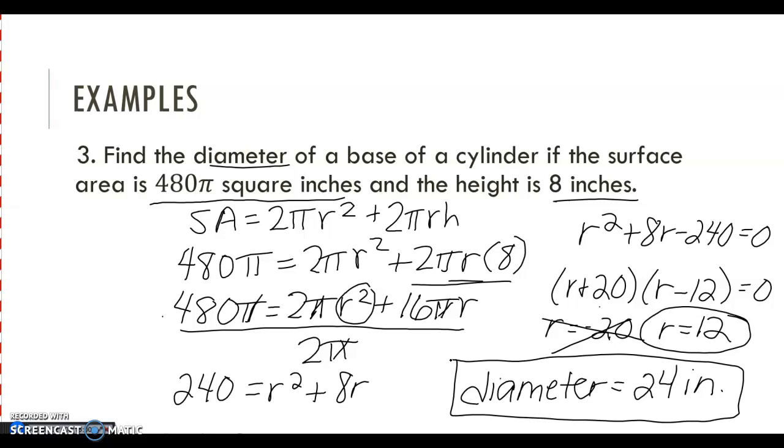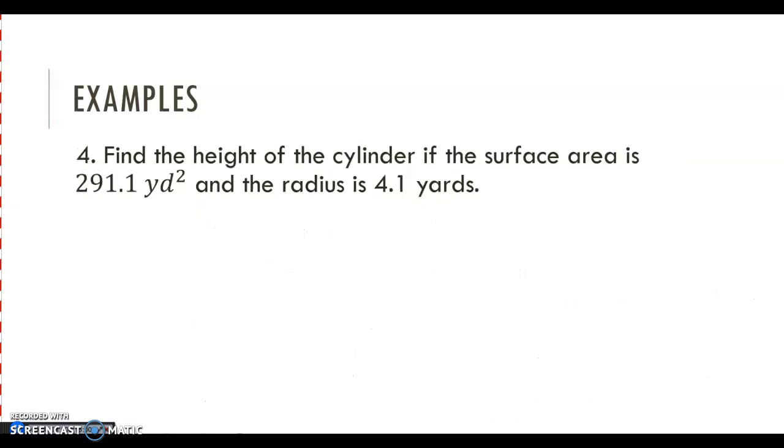Okay? And one last example, we want to find the height of the cylinder if the surface area is 291.1 square yards and the radius is 4.1 yards. So this time we're looking for the height given the surface area and the radius. So surface area, just writing out my formula first again.